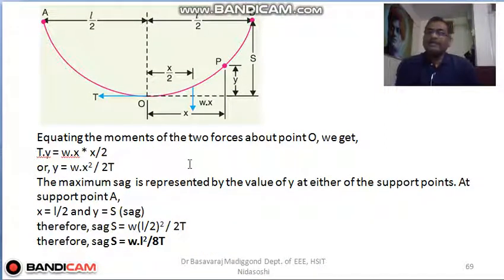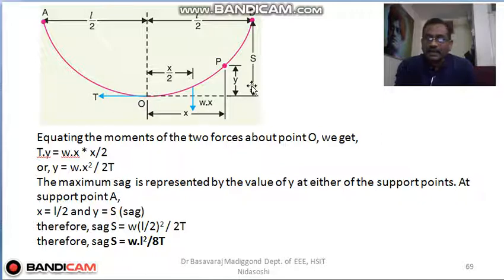Now equating the moments of the two forces about the point O, the weight of the conductor and the tension of the conductor, what will we get?